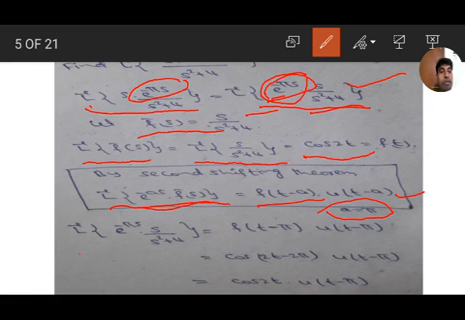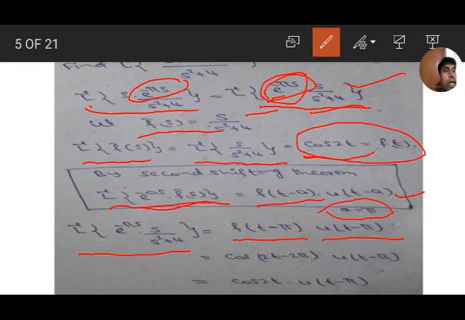Therefore L inverse of e to the power of minus pi s into s by s square plus 4 equals f of t minus pi into u of t minus pi. And for f of t minus pi, in the f of t, in the place of t substitute t minus pi, that is cos of 2 into (t minus pi), that is cos of 2t minus 2 pi, into u of t minus pi.